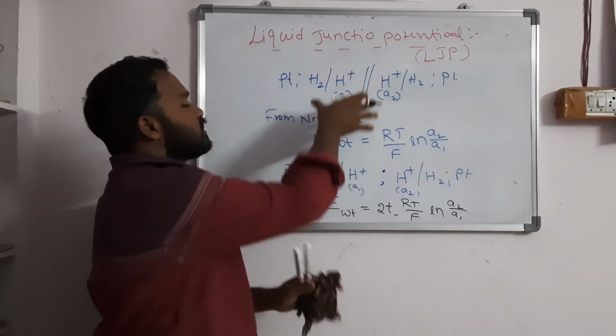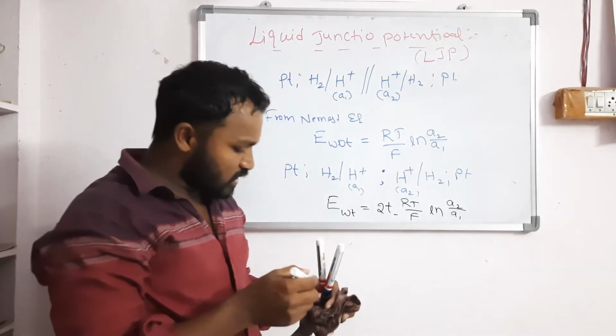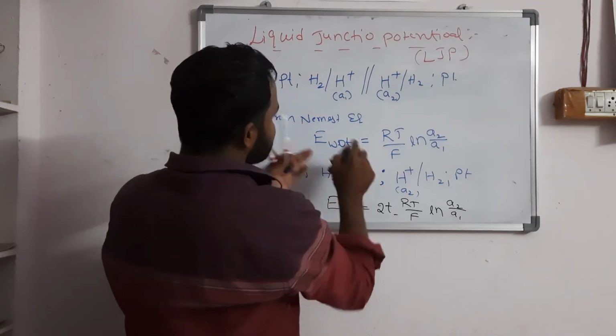E without we got from the Nernst equation, and from E with we also got the two equations. Now E LJP means E with minus E without.